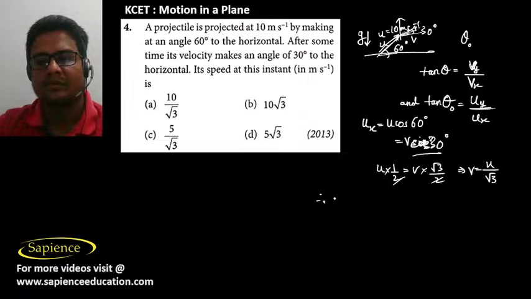Now therefore tan theta naught, so Vy will be equal to u sin 60 minus g t.